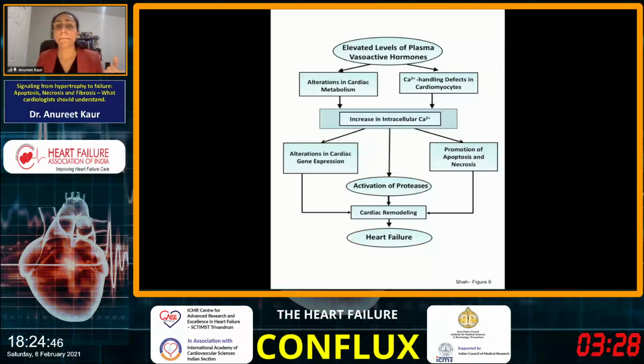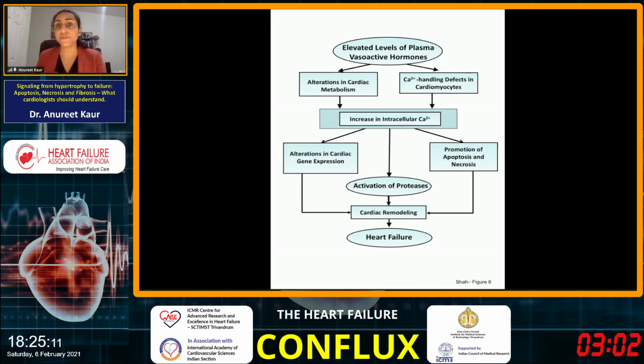Now, just to look at the two aspects we need to consider here: these vasoactive hormones, endothelin and epinephrine, norepinephrine, basically cause alterations in cardiac metabolism, as I mentioned. The substrate changes, and there is an increase in the oxidation of fatty acids, which is deleterious for the heart.